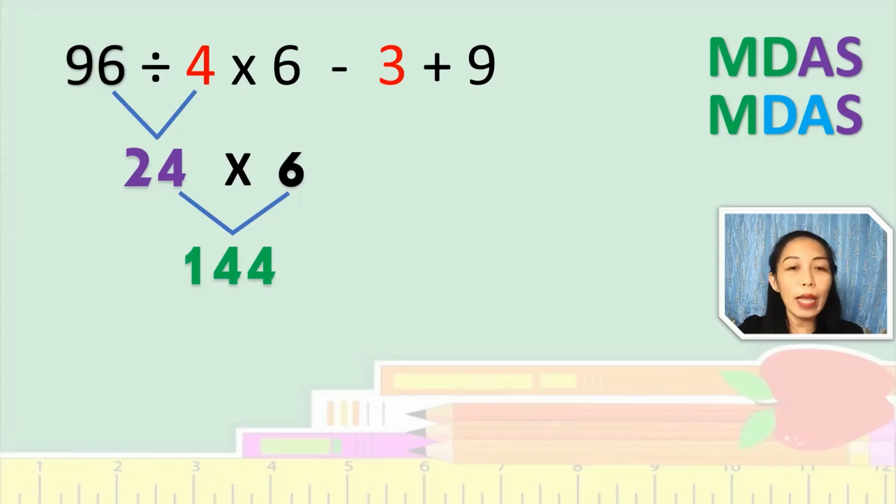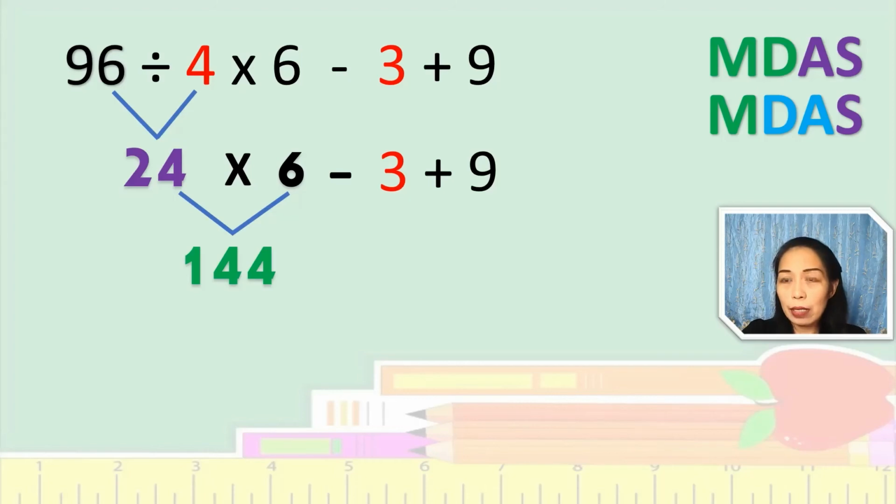Now, we are done with M and D. Let us go to the next part, si A and S. Let us not forget to bring down 3 plus 9, minus 3 plus 9, kay basin malimtan. Okay, so atong kopyahon, itungod na to. Now, the next operation would be subtraction and addition.